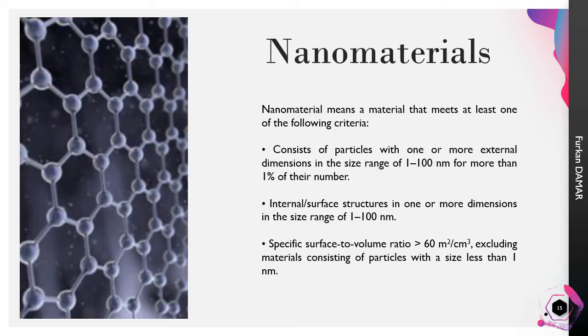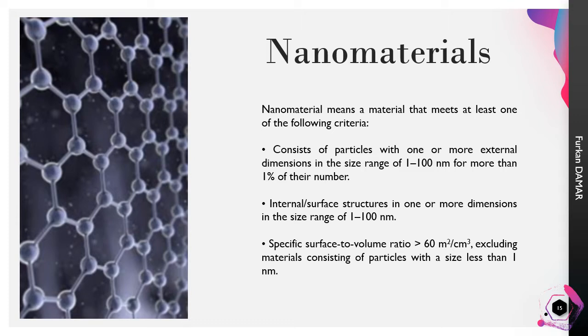After general information about nanoscience and nanotechnology, I want to continue with nanomaterials before talking about carbon-based nanomaterials. A nanomaterial means a material that meets at least one of the following criteria. One of them consists of particles with one or more external dimensions in the size range of 1 to 100 nanometers for more than 1% of their number.